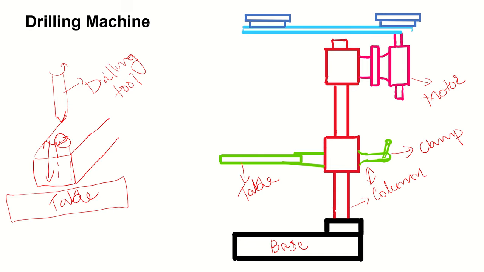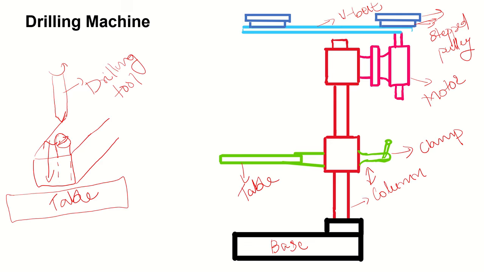For that, a stepped pulley is given. Stepped pulley means it has pulleys of different diameters. This is one pulley, this is another pulley. These pulleys of different diameters are connected together using a V belt to transmit different speeds to the drilling tool.